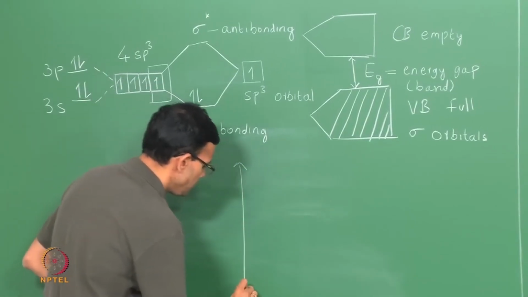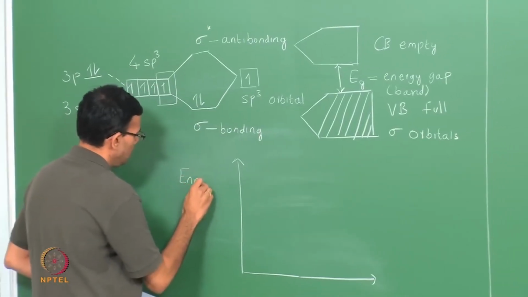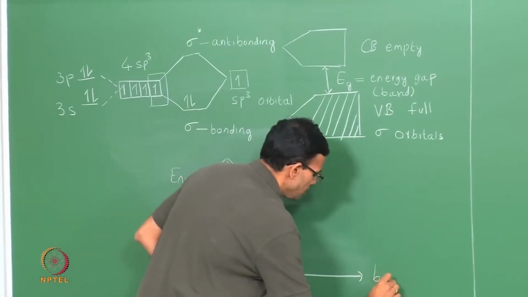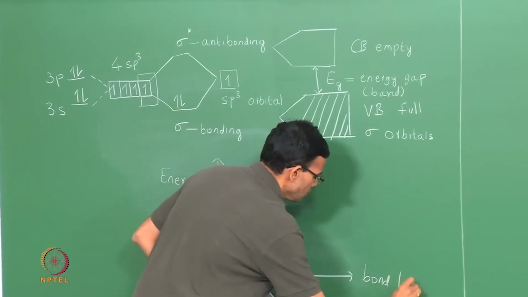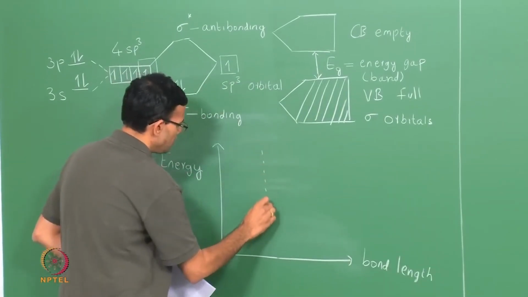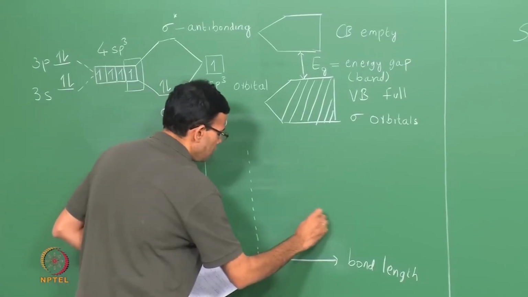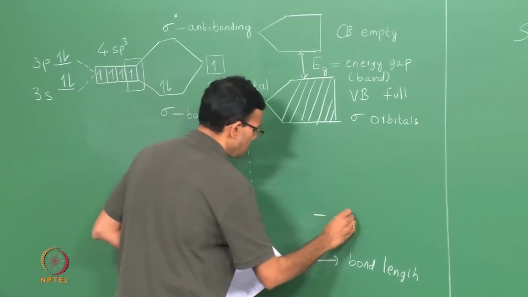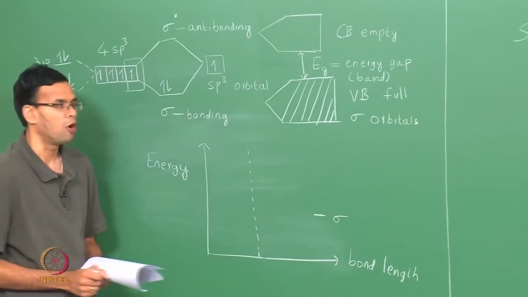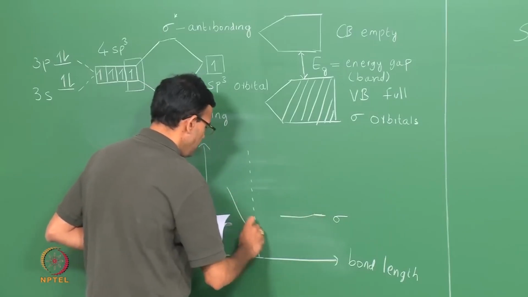Let us do that. So, I have energy on the y axis, bond length, there is some equilibrium spacing, we have sigma. So, here this sigma represents the effect of one bond. In a solid it forms a band.